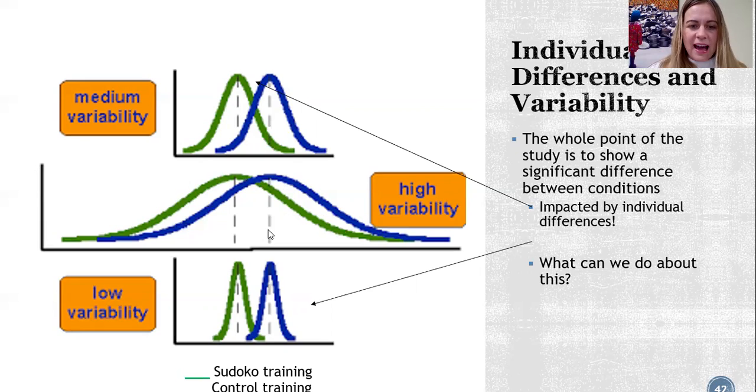Even though the average is exactly the same, we don't see a group difference because there is more variability within each group than the variability between the groups. So the whole point of a study is to show that there's a significant difference between conditions, but if there's too much variation within each group, then we're not going to be able to show that there's that difference.